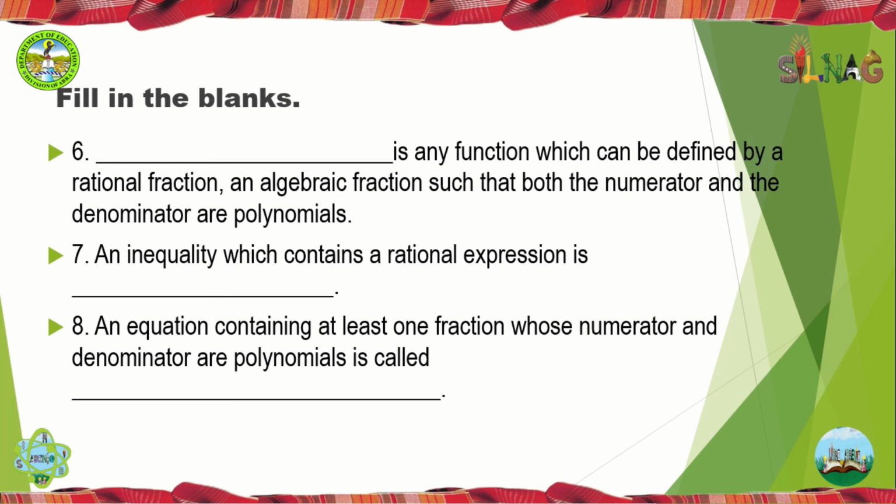Blank is any function which can be defined by a rational function, an algebraic function or fraction, such that both the numerator and the denominator are polynomials. Number 7, an inequality which contains a rational expression is blank. Number 8, an equation containing at least one fraction whose numerator and denominator are polynomials is called blank.